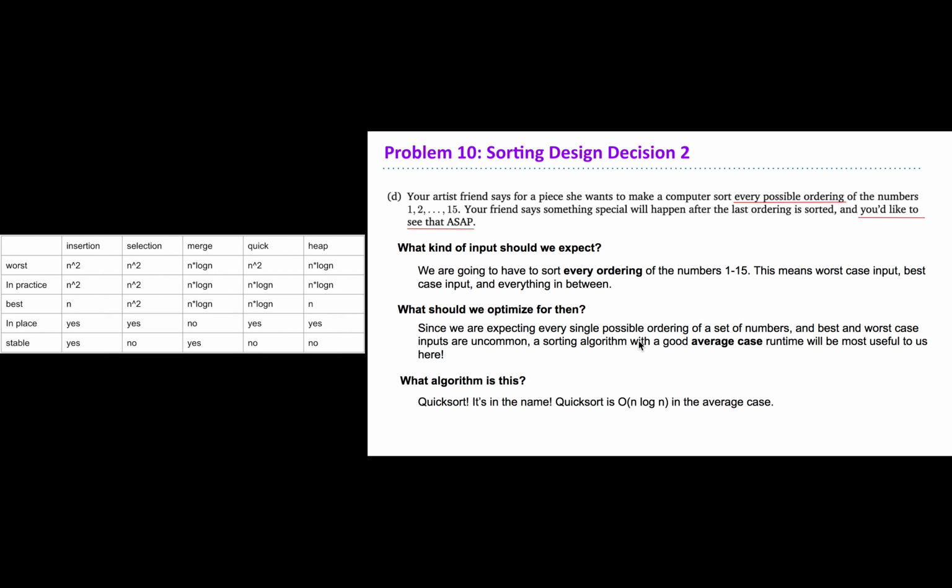And by the way, just something to note, which is not super important. If you picked any of merge, quick, or heap sort with this justification, you'd be completely correct. But it turns out that in practice, quick sort has really good constant factors for its runtime. Asymptotically, quick sort, merge sort, and heap sort are all the same thing.